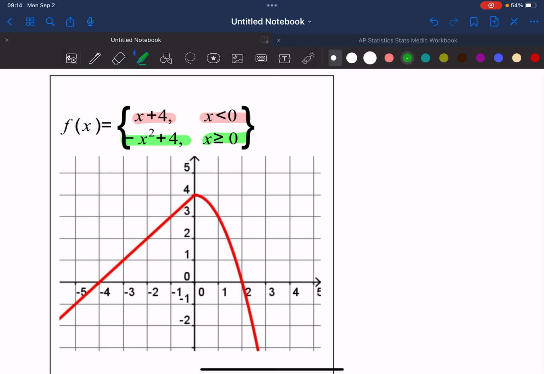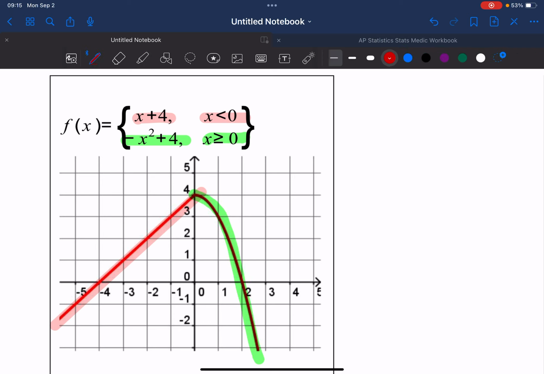If we look at this function, notice that it is two pieces of different graphs. So in that first one, we have a linear function that goes with our x plus 4, and then we have a separate piece of our quadratic function, that negative x squared plus 4.